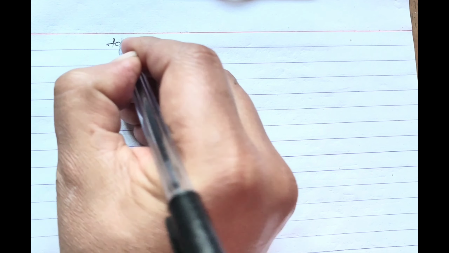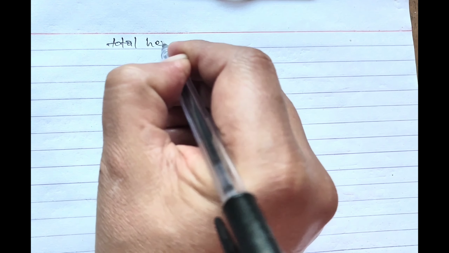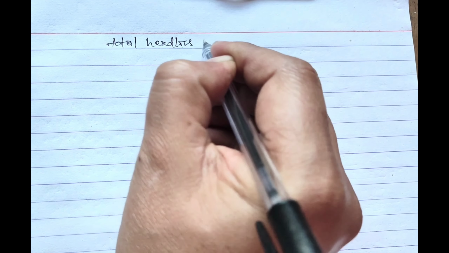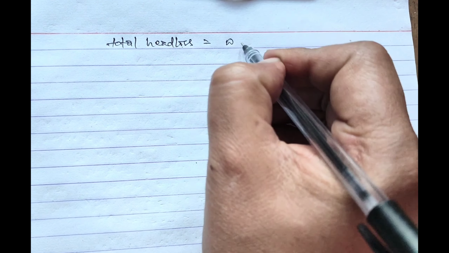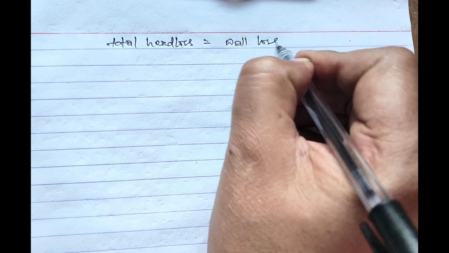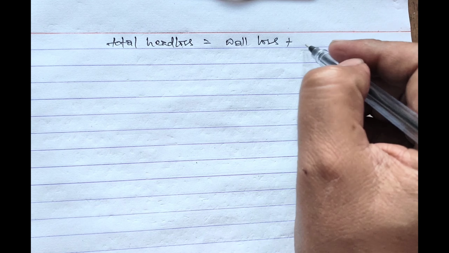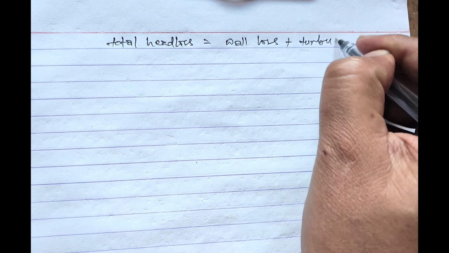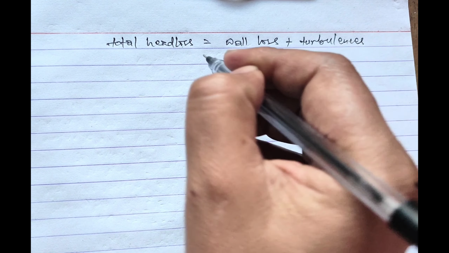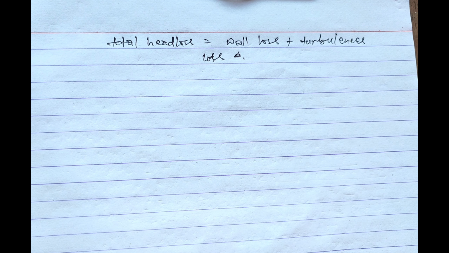After this, the total head loss equals wall loss plus turbulence loss. From this, first determine the roughness value k in mm and then use the Moody chart to find the corresponding friction factor f for the selected pipe materials, diameter and the design flow.